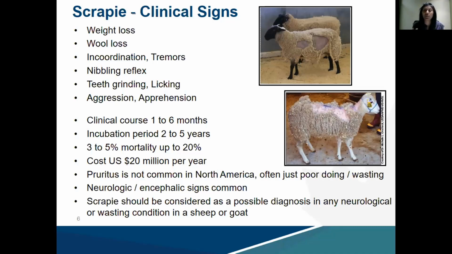But in North America, what we've seen more often is more poor doers, poor-doing animals, wasting. As many of you know, that's not specific to Scrapie. Neurological and encephalitic signs are common, but it can be a wide range of how it can present. So basically, Scrapie should be considered as a possible diagnosis in any animal with any neurological signs or any sort of poor doer or wasting condition.